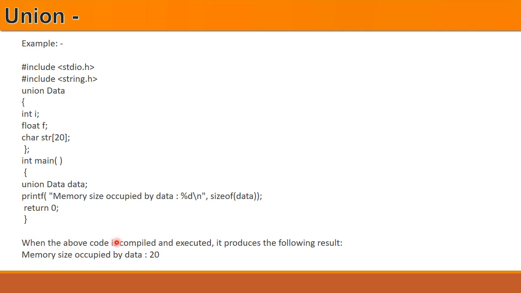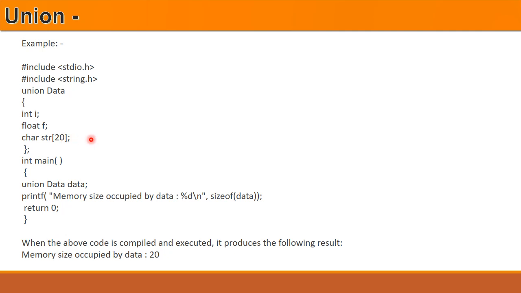When this code is compiled and executed, it produces the result: memory size occupied by data is 20. How is it 20? Let's see. In the union, there are three different members. Integer requires 2 bytes of memory, float requires 4 bytes, and character requires 1 byte. The string is of size 20, so it will occupy 20 bytes.